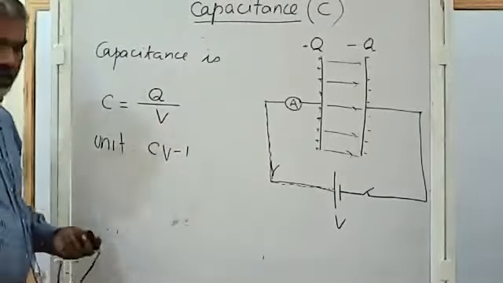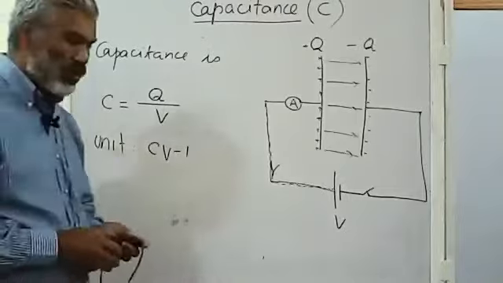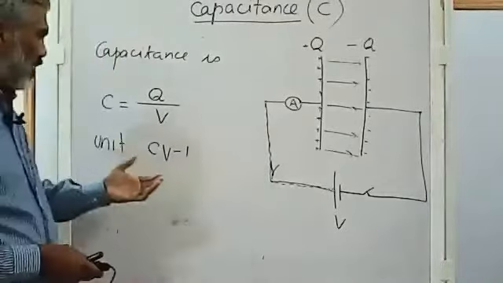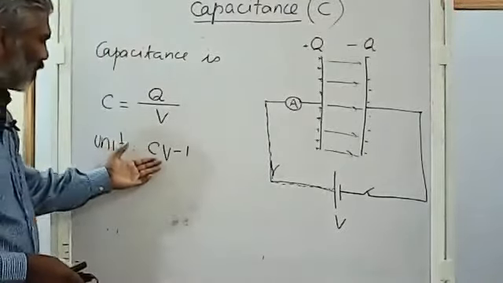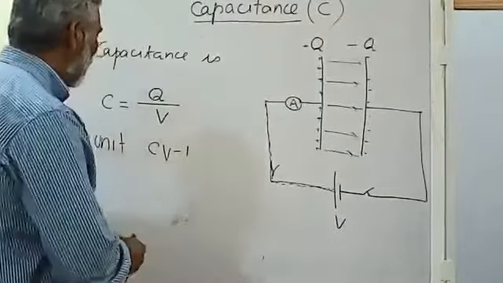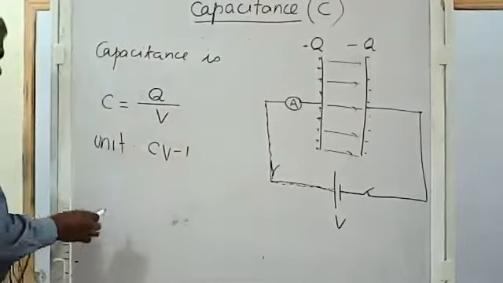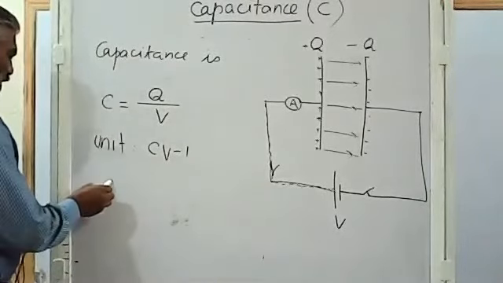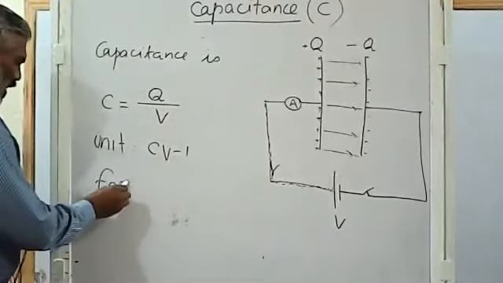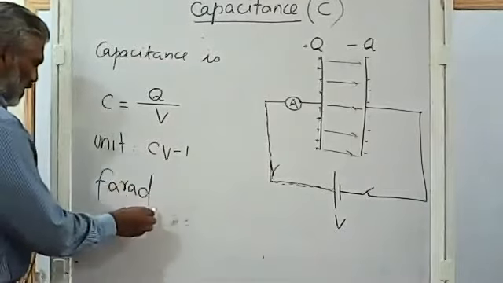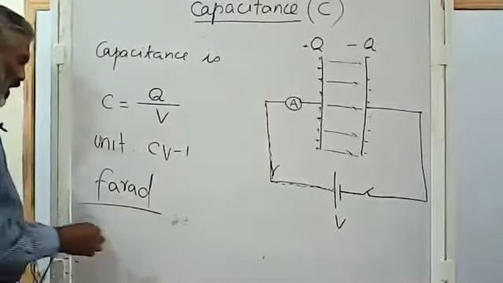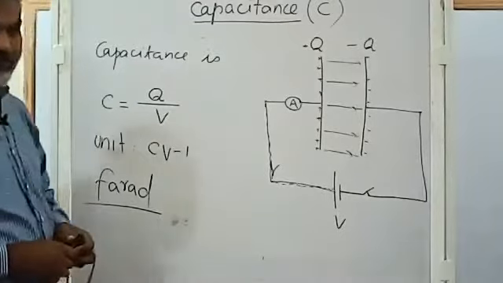This is a scalar quantity because this is charge stored per unit potential difference. Coulomb per volt is the unit of it. But there is a special name for this unit, and that is farad. F-A-R-A-D. Farad. So they often ask you, what is farad?